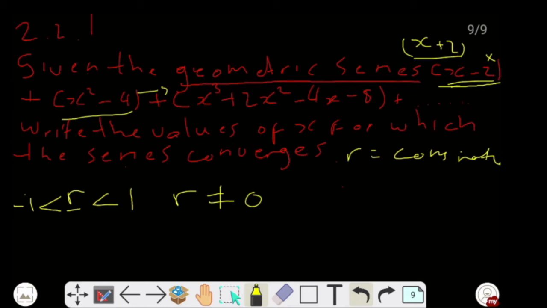So in the space of r, you write x plus 2. x plus 2 should be less than 1. x plus 2 should be greater than negative 1. And then x plus 2 should not equal 0, right?